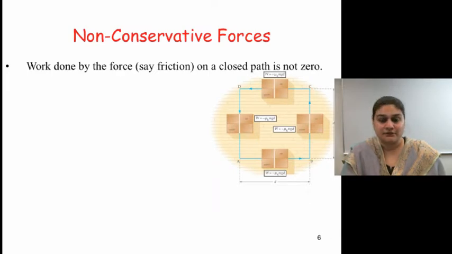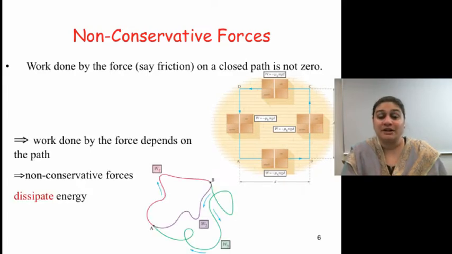A non-conservative force is one where the work done by a force, say friction, on a closed path is not zero. In this case, the work does depend on the path it takes. So for non-conservative forces, there is an energy called dissipative energy that gets lost while moving from one path to another. So in regular life, we've noticed that people tend to use not just any path, but the shortest possible path to move something.